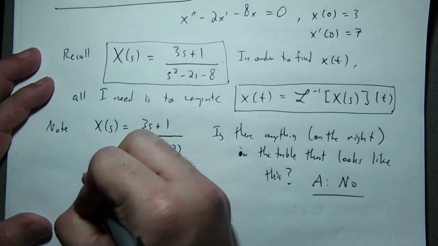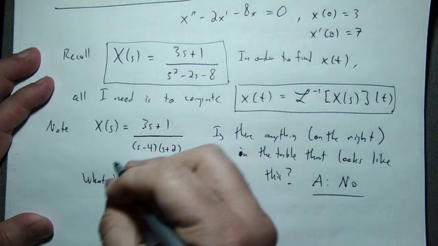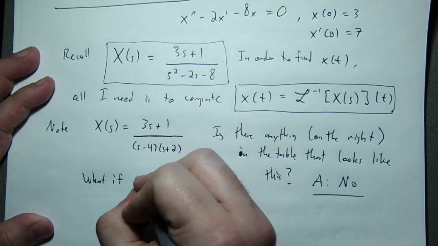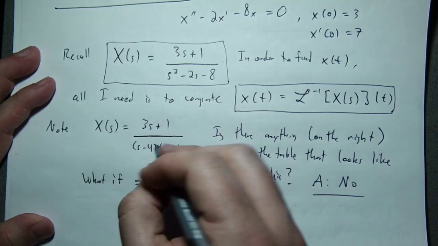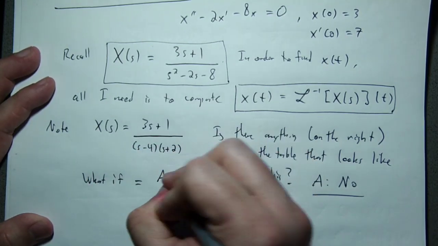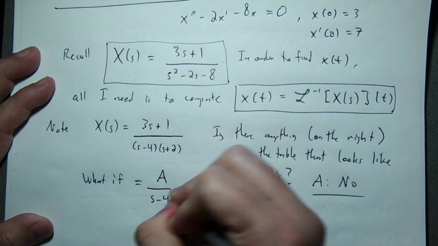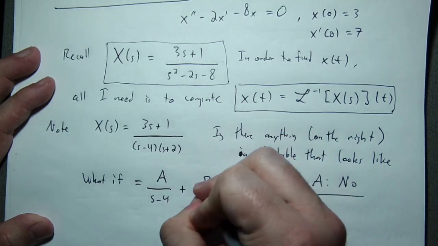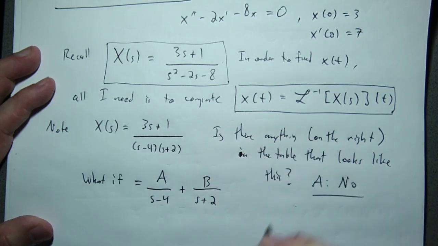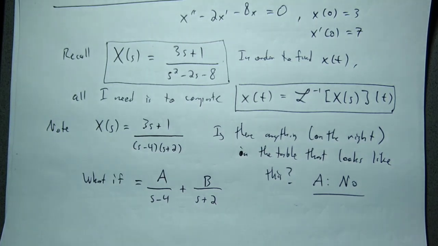But what if this thing was equal to, say, a over s minus 4 plus b over s plus 2? If this were the case, where a and b are constants, is there anything in the table that looks like 1 over s minus 4?